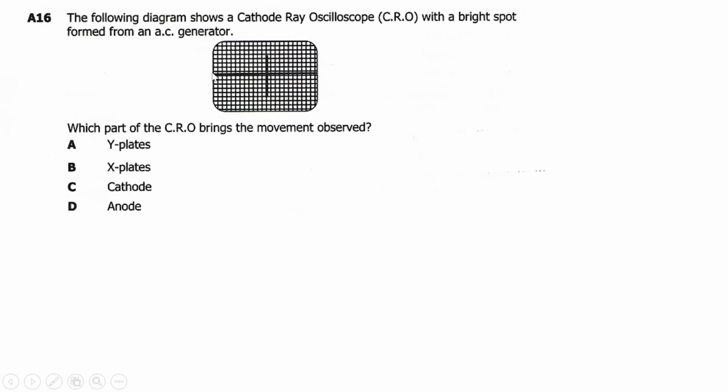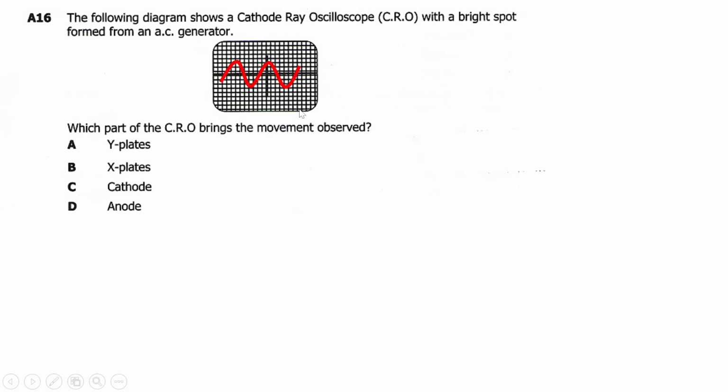So what we are seeing is a horizontal sweep and also a vertical sweep. Now if they ask which part of the cathode ray oscilloscope brings the movement observed, what I know is that if it was connected to the AC generator, a sweep like this and a sweep like this should produce something like this.